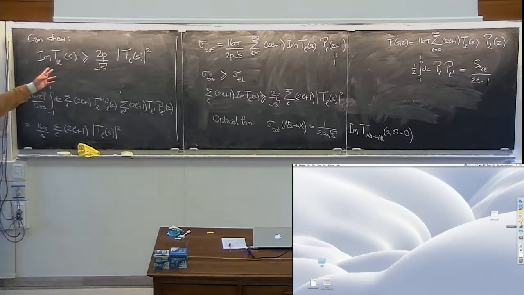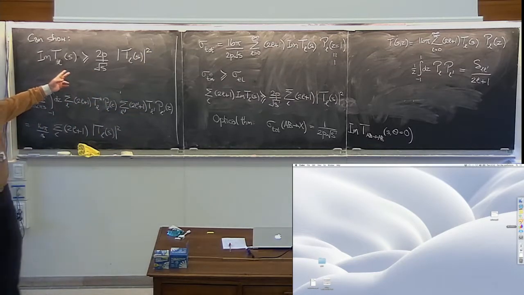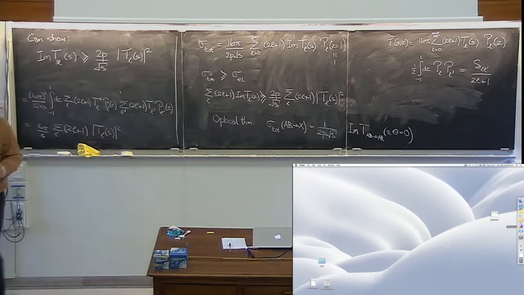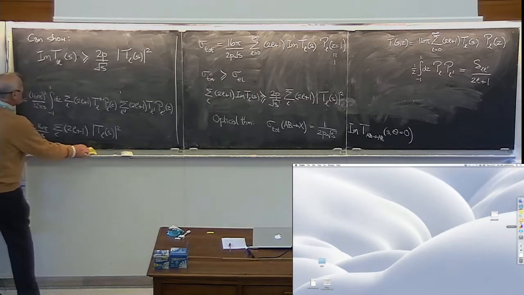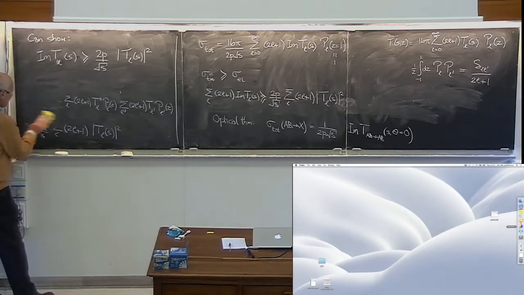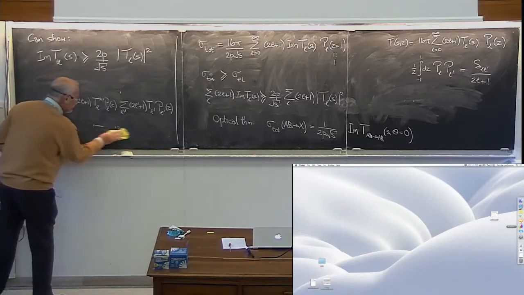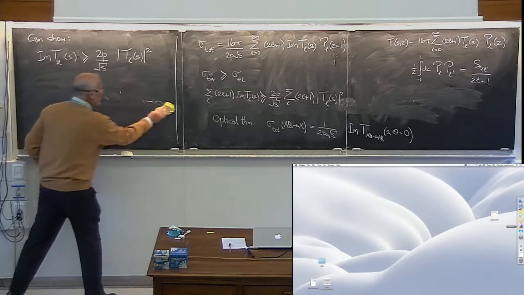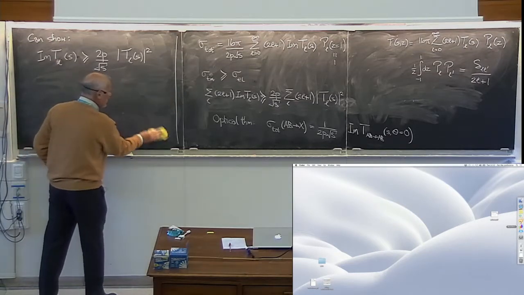That obviously tells you the imaginary part has to be positive because it's bigger than a number that's obviously positive. And these are the partial wave amplitudes for something that's called elastic, namely, the initial state and the final state are the same.